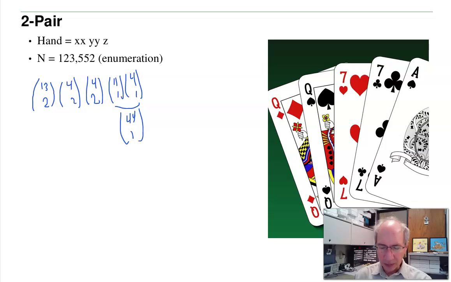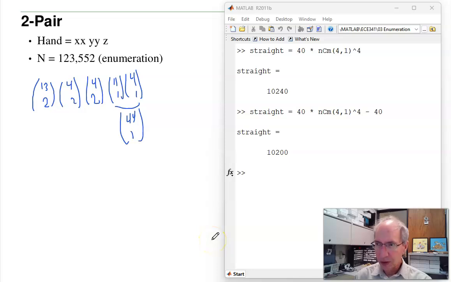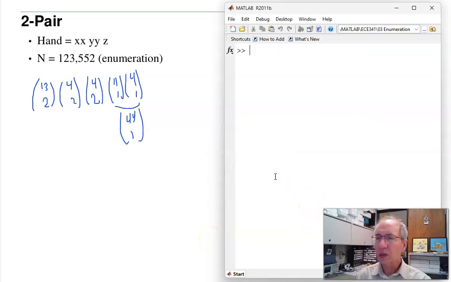If I multiply all that out on MATLAB, that'd be nchoosek(13,2) times nchoosek(4,2) times nchoosek(4,2) times 11 times 4. 11 choose 1 is just 11, 4 choose 1 is just 4.